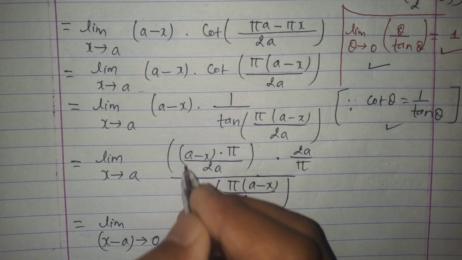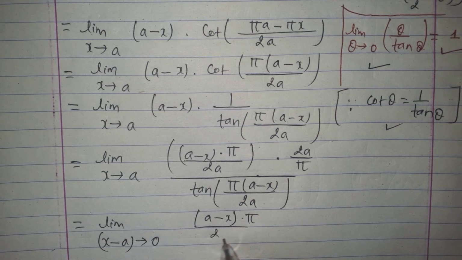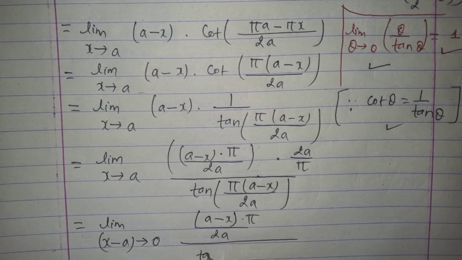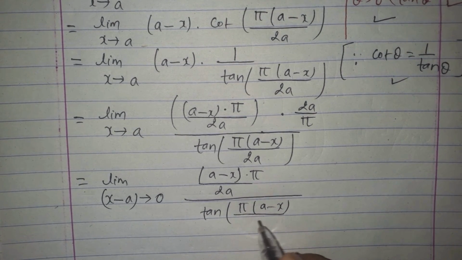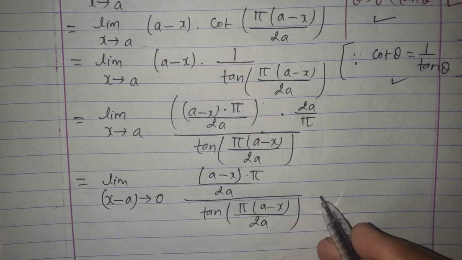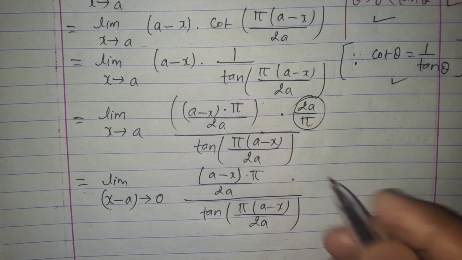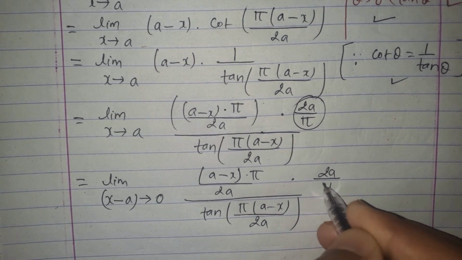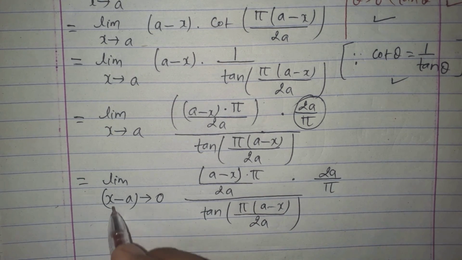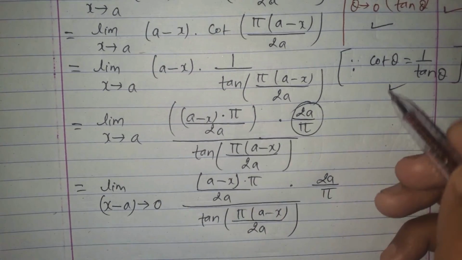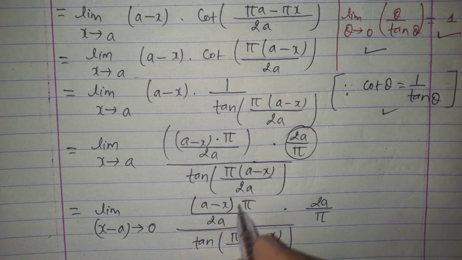And this expression is a minus x times pi over 2a all over tan of pi times a minus x over 2a. And here this is the constant 2a over pi, and this expression is in standard form: theta tends to 0, theta over tan theta. This will give the result 1.